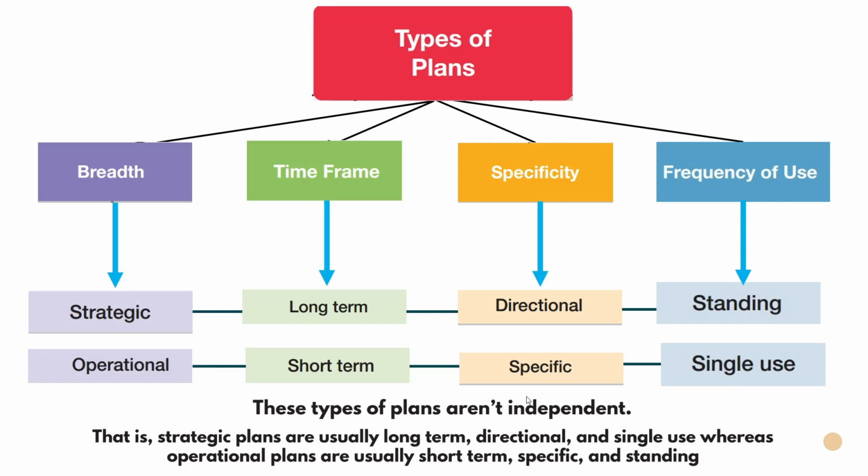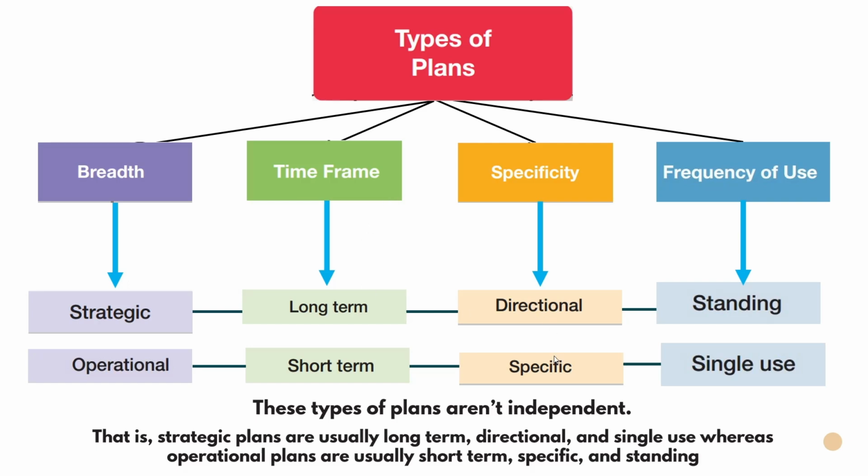Okay? And on the other hand, let's say for example, operational plans, they are usually short-term, they are specific, and they are standing. Okay. So while strategic and operational plans may seem different, they often complement each other, with strategic plans setting the overall direction and operational plans handling the day-to-day execution of those plans.